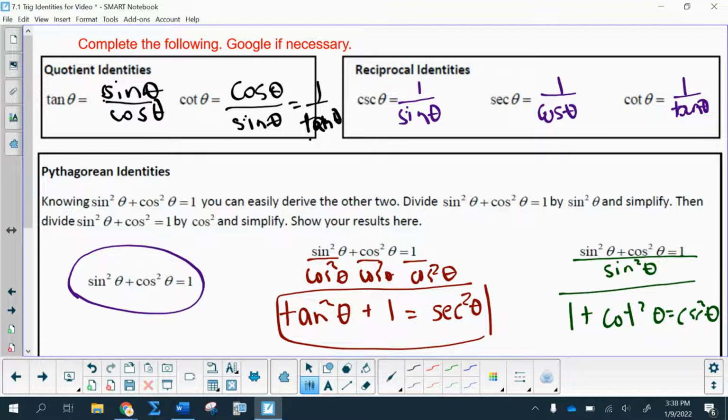So these three are the three Pythagorean identities. And I'll be honest with you, I don't really have these two memorized exactly in my head. I always do this division just to make sure I'm remembering it correctly. So I rarely just know it. I have to divide myself. So there's nothing wrong with doing this procedure every single time.